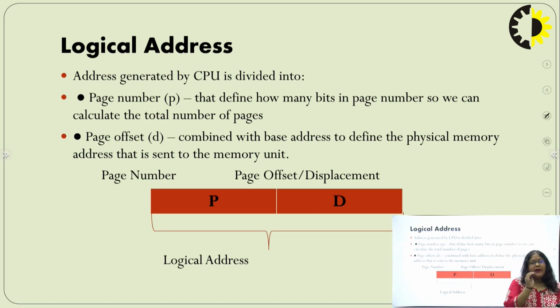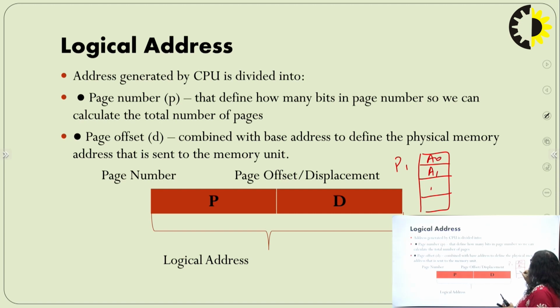Suppose a page consists of 4 words, 0, 1, 2, 3. Suppose this is a page, page P1. Each page consists of 4 words: A0, A1, A2, A3.